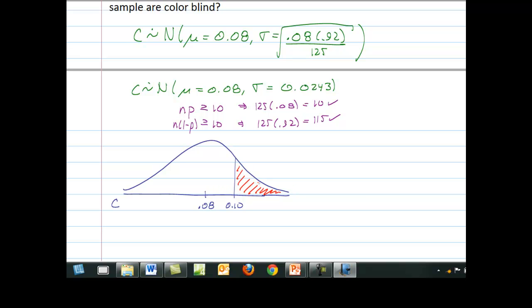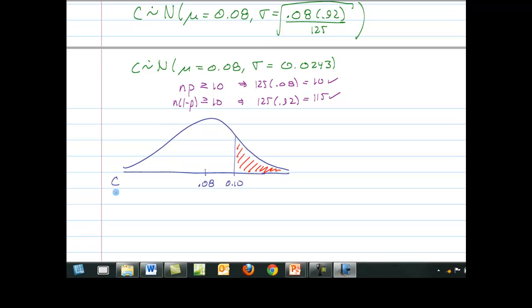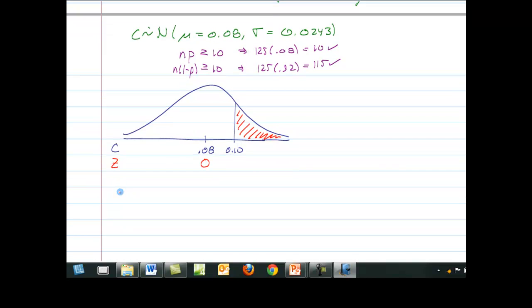So we go through the same process as before. I standardize the standard normal random variable. The mean standardizes to 0, and let's look to see what's going to happen here. To standardize, I'm going to take my observation p, subtract the mean, which is 0.08, and divide by the standard deviation, which was 0.0243.